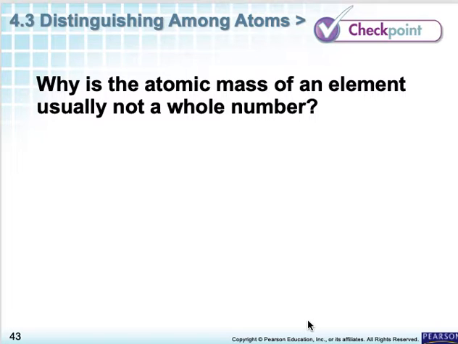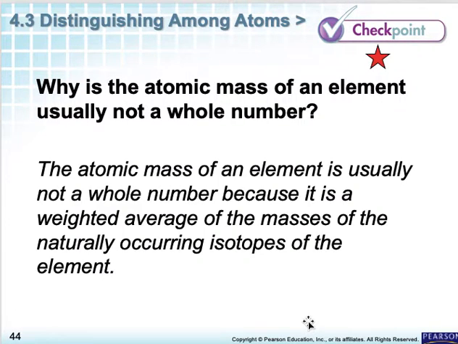Why is the atomic mass of an element not a whole number? Well, that's because it is a weighted average, and so it is not just one isotope.